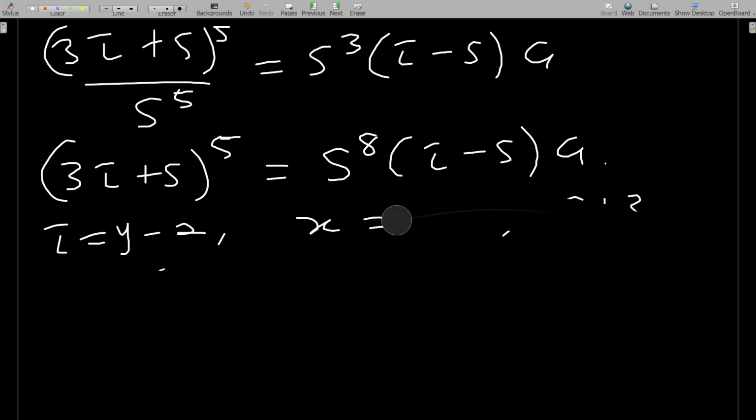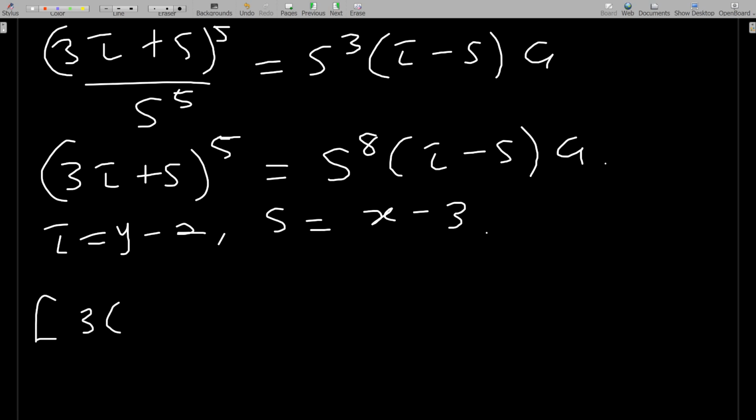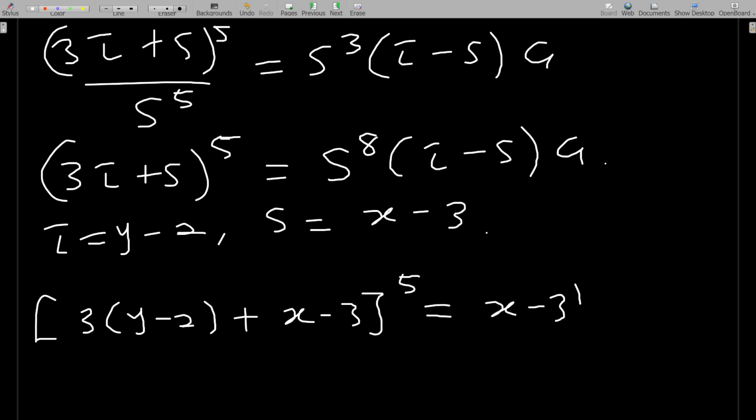The question was given in terms of x and y, so I have to put them back. So s is equal to x minus 3. The solution is (3 times (y minus 2) plus (x minus 3)) to the power 5 is equal to (x minus 3) to the power 8, then tau minus s, which is y minus 2 minus s.